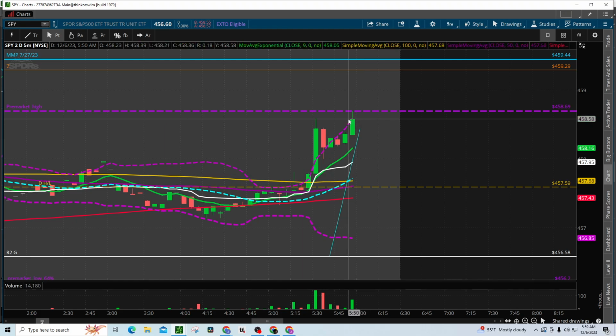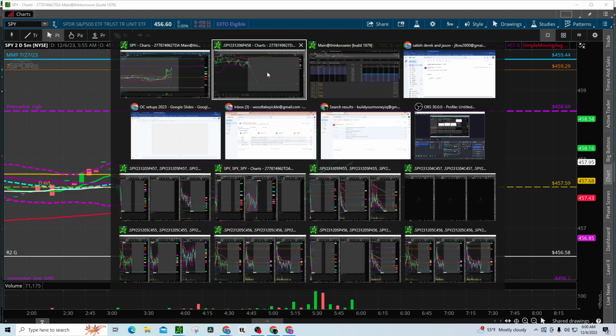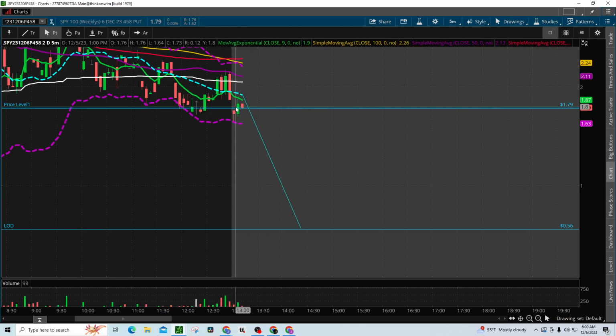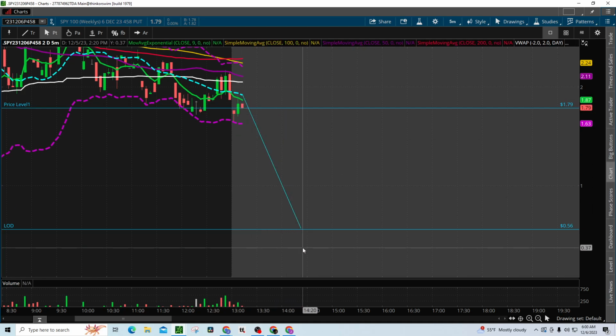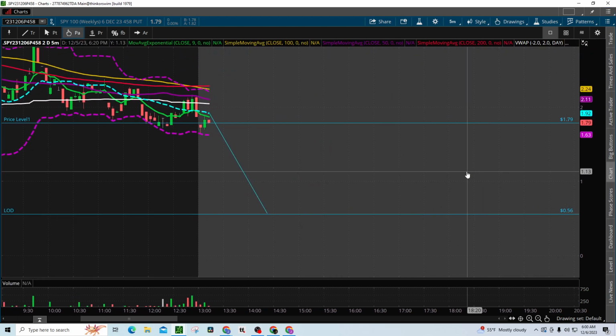The puts are also going to lose value because of time decay. So this option that was worth $1.79 yesterday when it closed is going to lose 2 deltas plus half its value approximately. So I think it's going to be down here at the 56 cents level. What that means is that this 5-minute chart with these moving averages is going to be coming down hard.